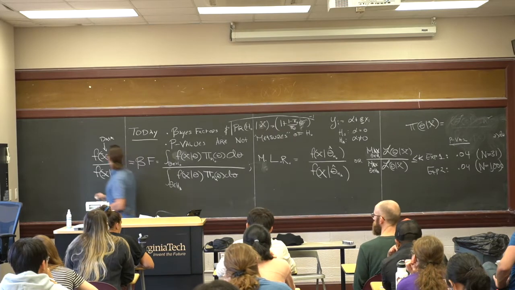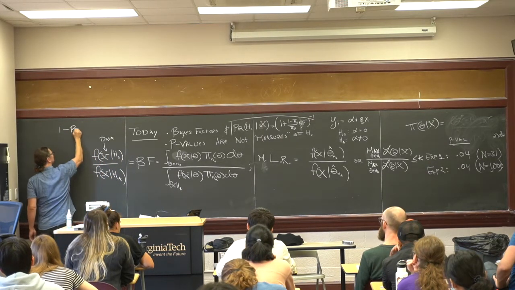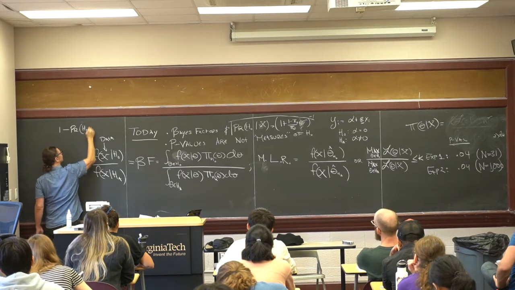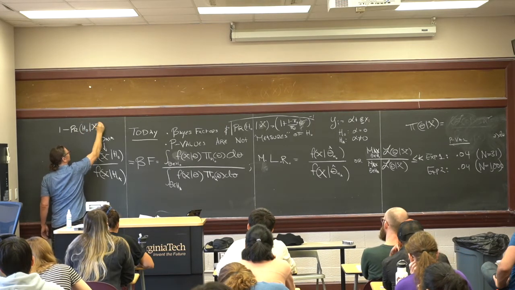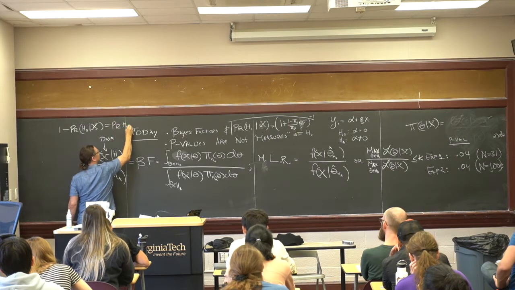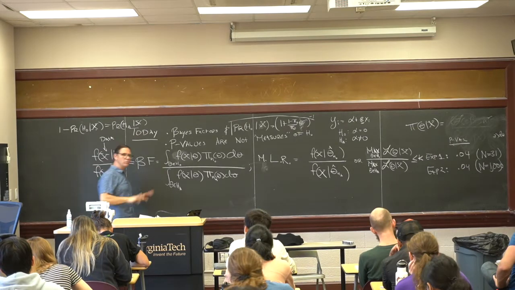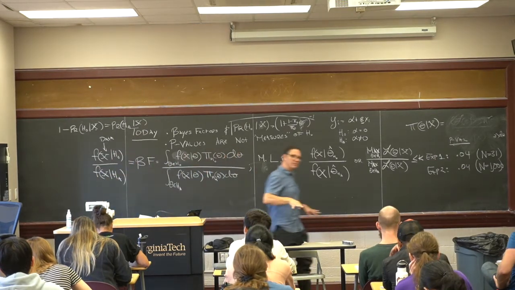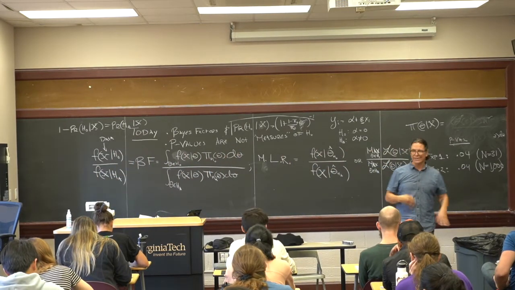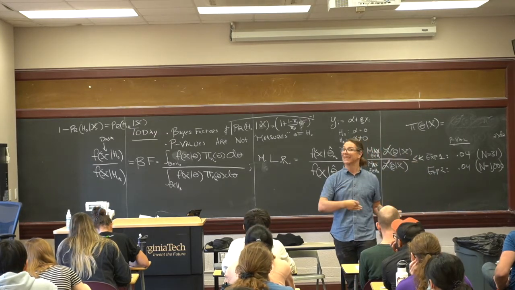So for a posterior probability, 1 minus the probability of the null is equal to the probability of the alternative. So I'm considering a space with just 2 hypotheses. And if you want to break this up into a space with lots of hypotheses, you would test one against everything else.